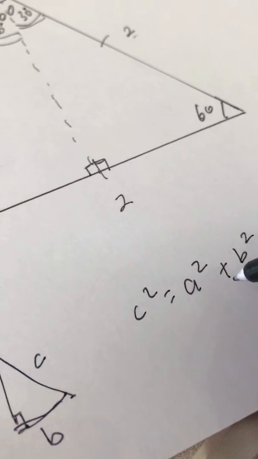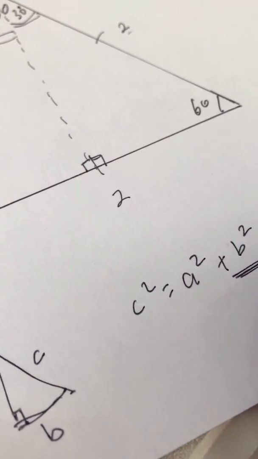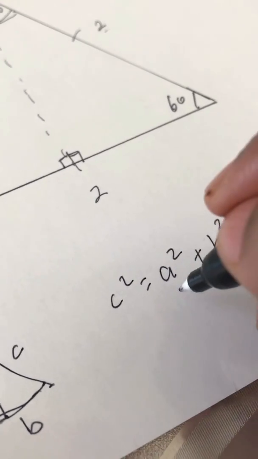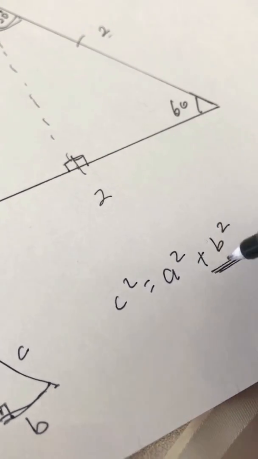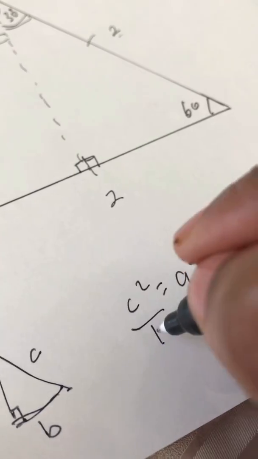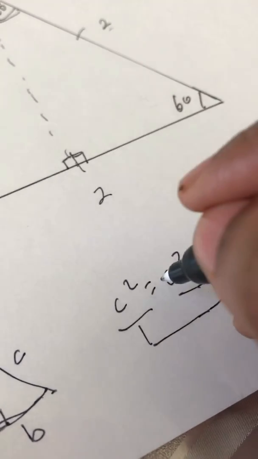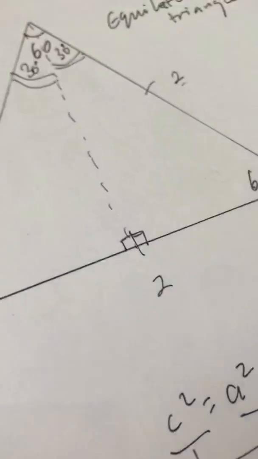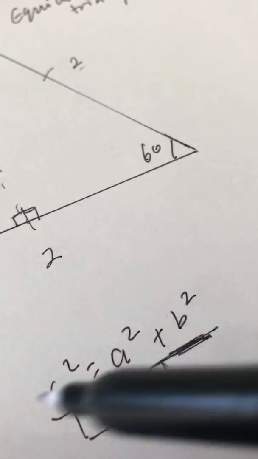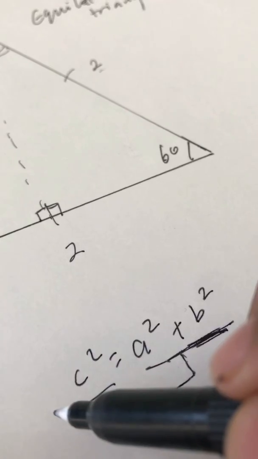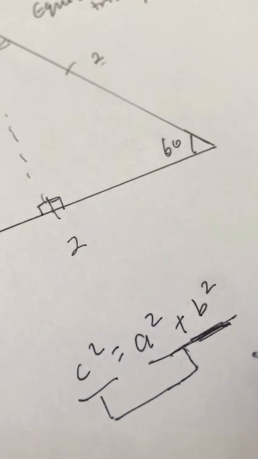We have plus B here that we need to deal with because we just want A squared. So if we were to look at it like a balance, this is the balance and this is the balance because this is the equal sign. If we were to remove B squared from here, we have to remove it from this side as well. Otherwise, it won't balance.